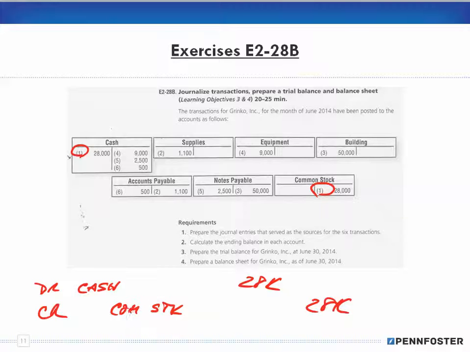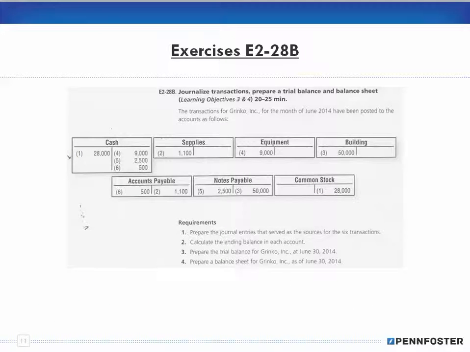And so that's probably the purchase. If I had a description, I would put in sold stock or purchase stock for an investment in the business. But that's the journal entry for number 1. I don't need those journal entries, so I can just erase them here.